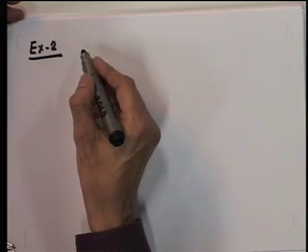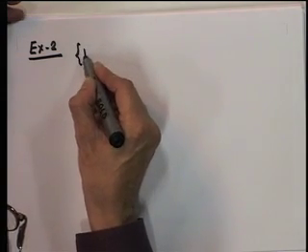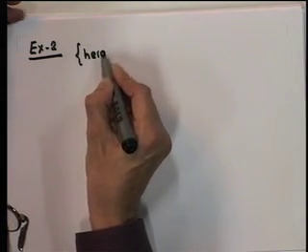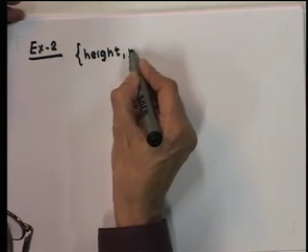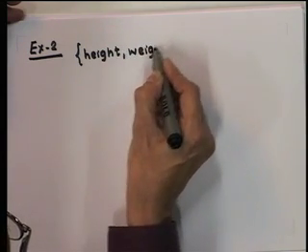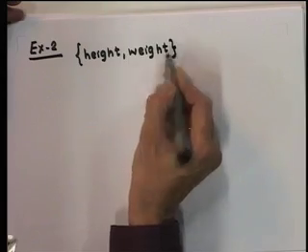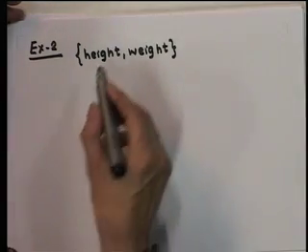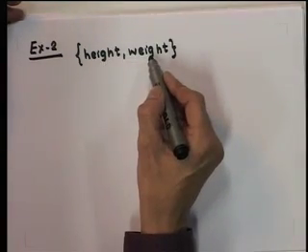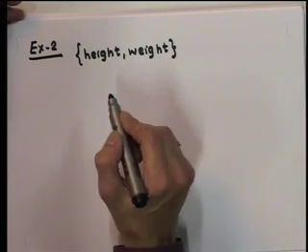Now, if you have a data sequence that consists of height and weight measurements, it has been observed that height and weight are quite heavily correlated.